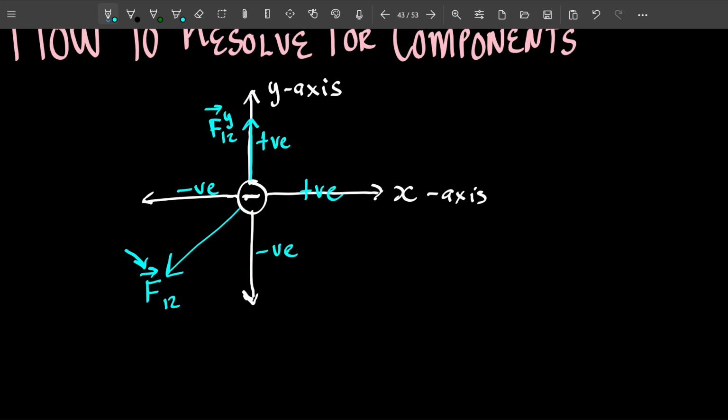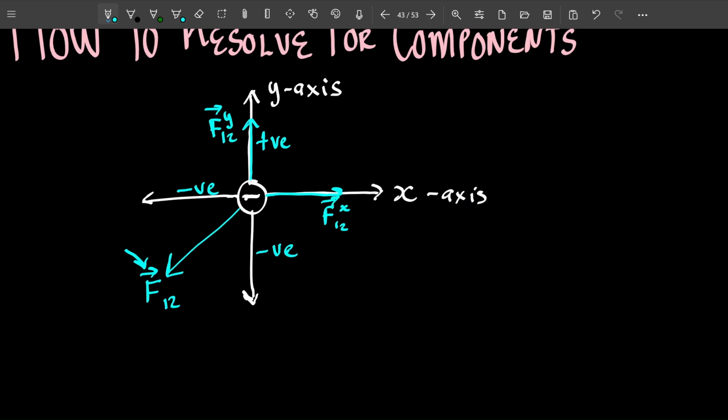I still put an arrowhead when it's on the diagram like this. And when I want F12 in x, I'm going to take it to the positive x-axis. So that's a key thing. Remember that. I'm going to take it to the positive x-axis, which means it's going to be here. And this is going to be F12 in x, and I'll put an arrowhead. This one is still a vector.